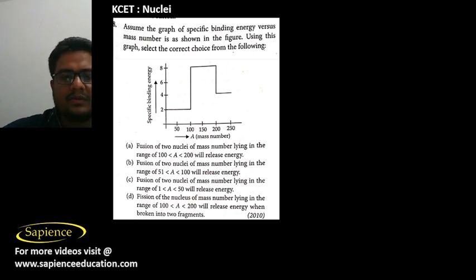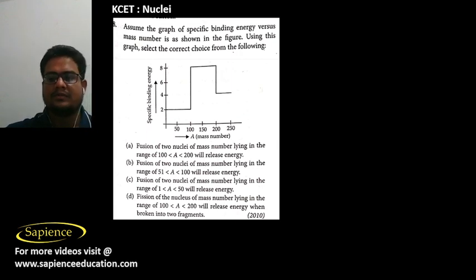Question number 8 says: assume the graph of specific binding energy versus mass number is as shown in the figure. Using this graph, select the correct choice from the following.